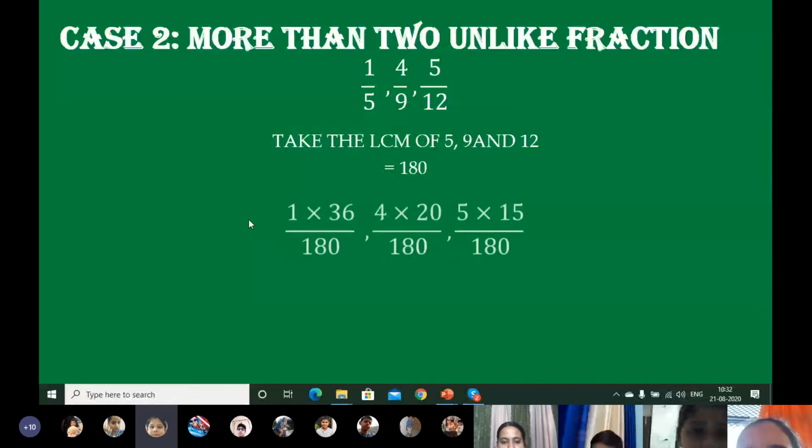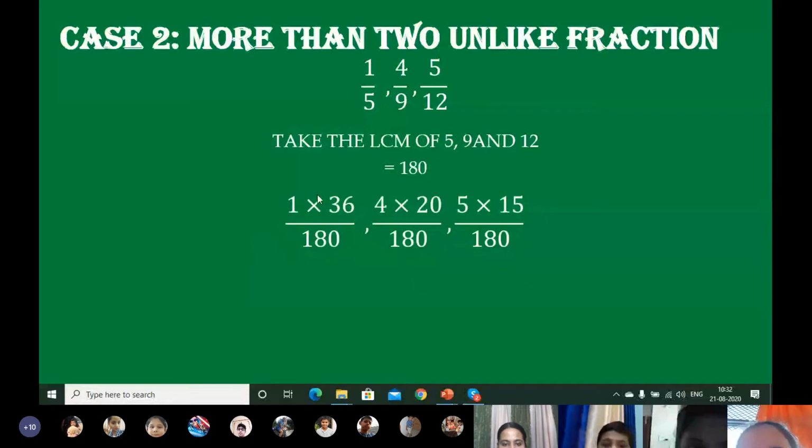Now we will write the 180 separately. I have written 180 separately three times. I divided 180 by 5, which gave me 36, and multiplied it by 1.